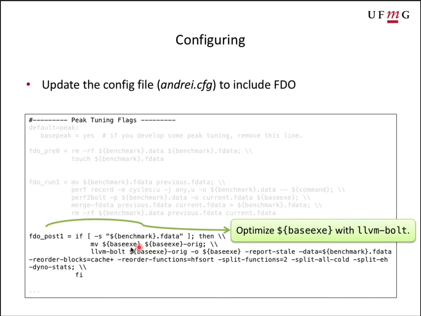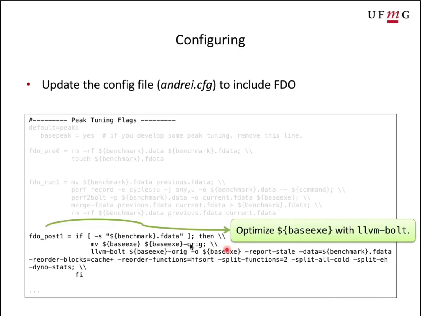So I just copied the original executable file with a suffix. And then I optimize both. Since it will be used later in the complete run, I just changed the default compiled version to this optimized version.